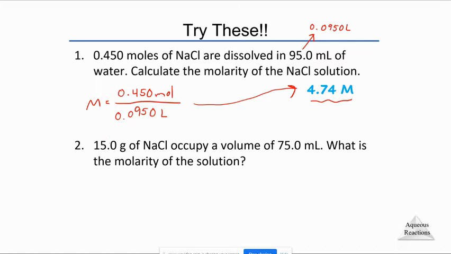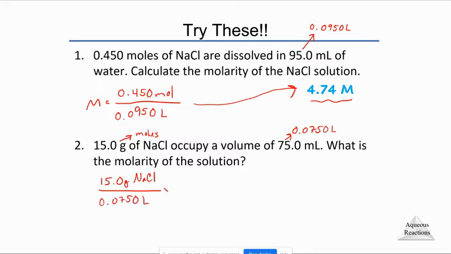Now for the problem on the bottom, we could really use the formula molarity equals moles of solute per liter of solution. And so if you wanted to, you can convert this to moles of sodium chloride and then just divide it by the 0.0750 liters of solution. I'm going to do this a little bit different. I'm going to use my conversion factors and my units to work my way through. So I know that I've got 15.0 grams of NaCl in a volume of 0.0750 liters.